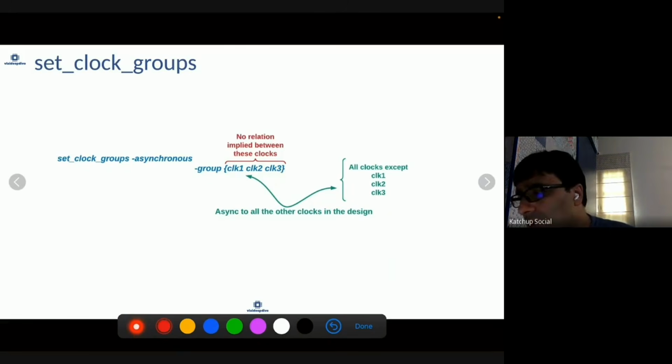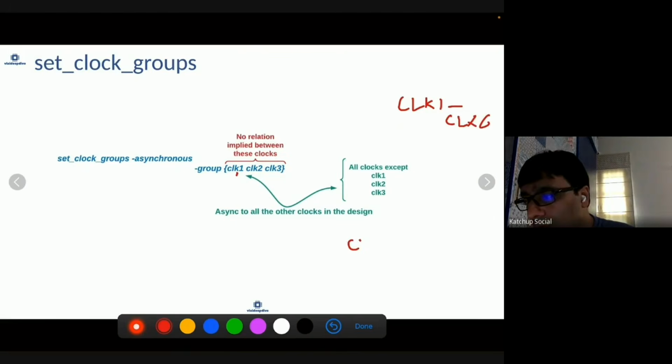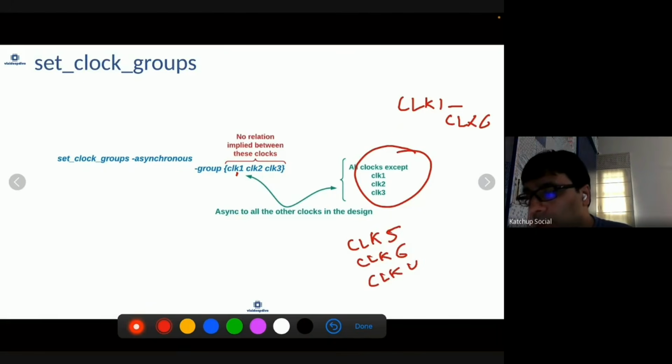So let's say you have 6 clocks in the design: clock 1, 2, up to clock 6. What this command means is clock 1 is async to all clocks except clock 1, clock 2, clock 3, which is clock 5, clock 6, and clock 4.